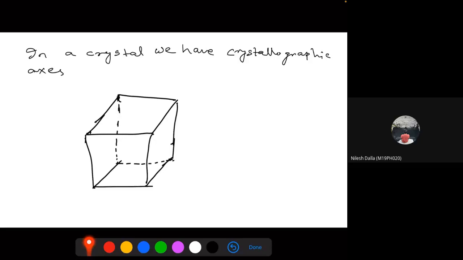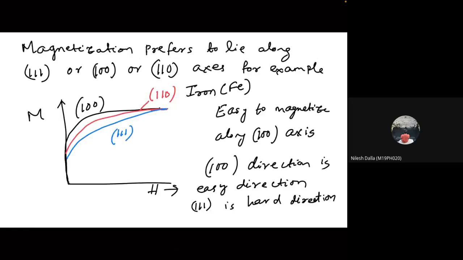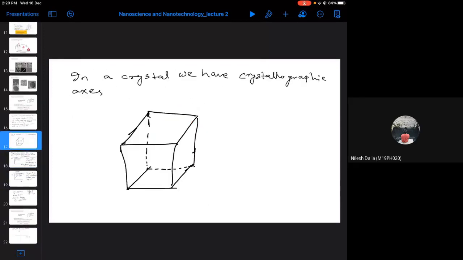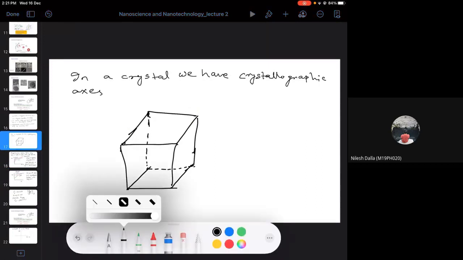So here in this picture, let's say this is a cubic structure you have. So what you have is different crystallographic directions, right?